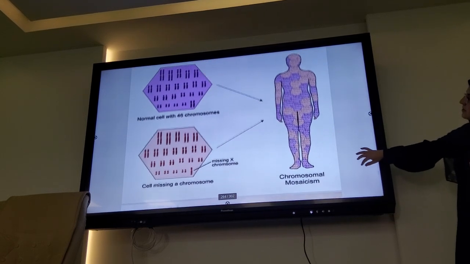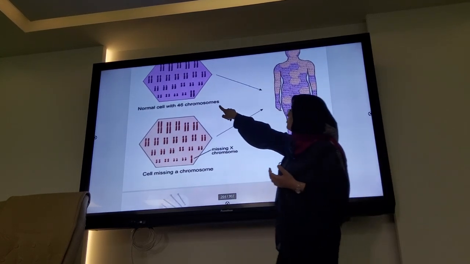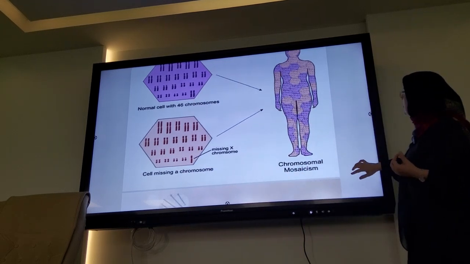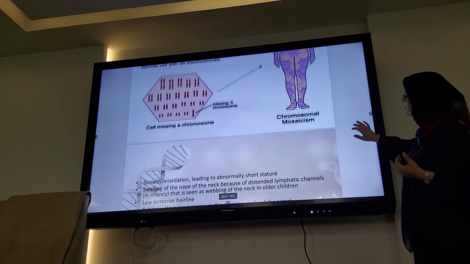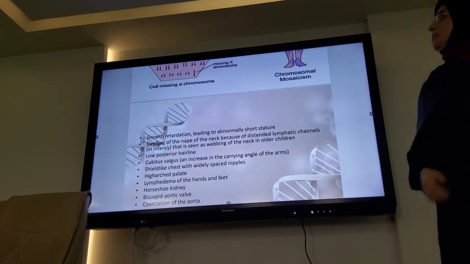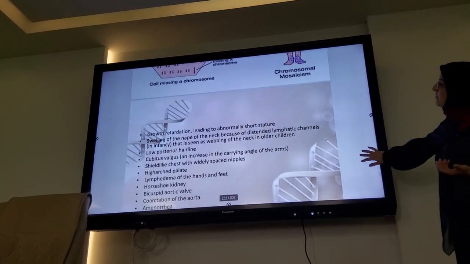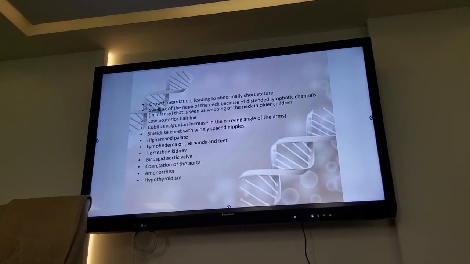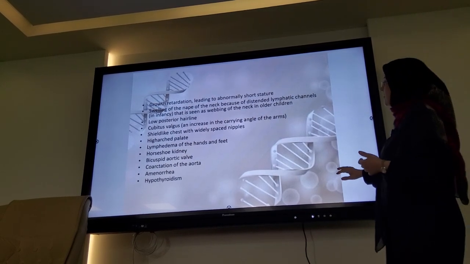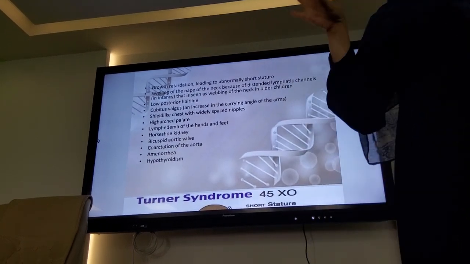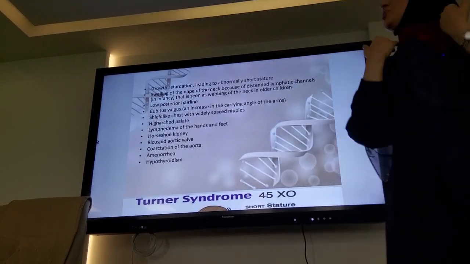This is mosaic, normal and missing X chromosome in some cells. In mosaic, they have milder symptoms. They have growth retardation. They are sometimes infertile. They have lymphedema on their limbs and on the neck.